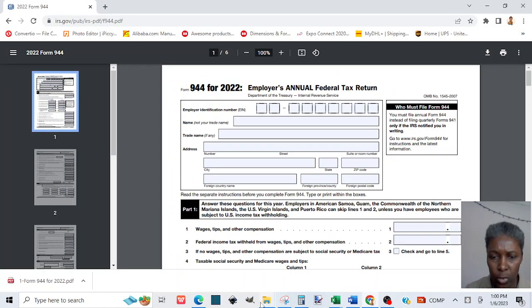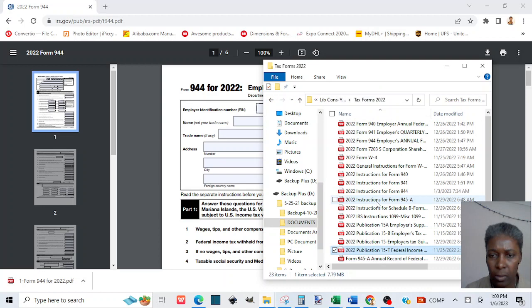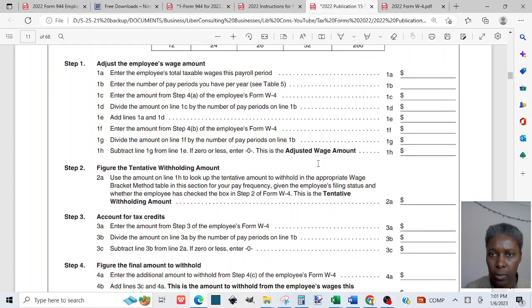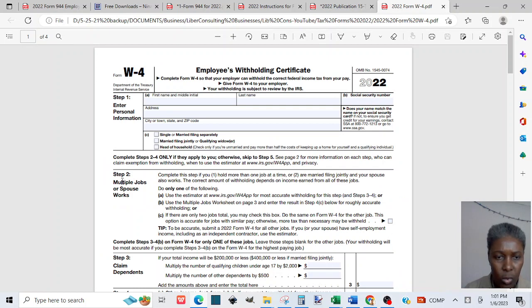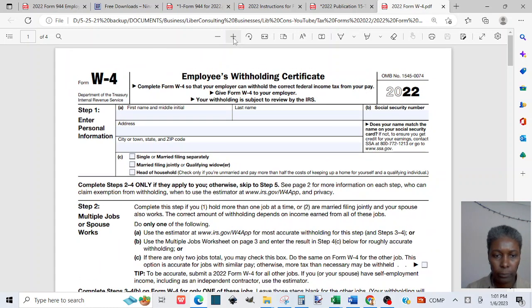So let's see if we have W-4 in, yeah, we have W-4. And let me see what they're talking about here. The box in Step 2. So Step 2, multiple jobs.